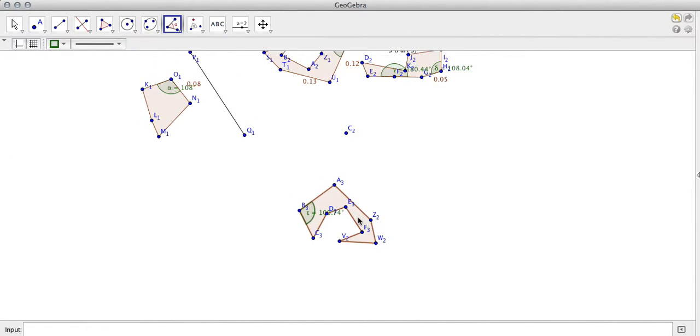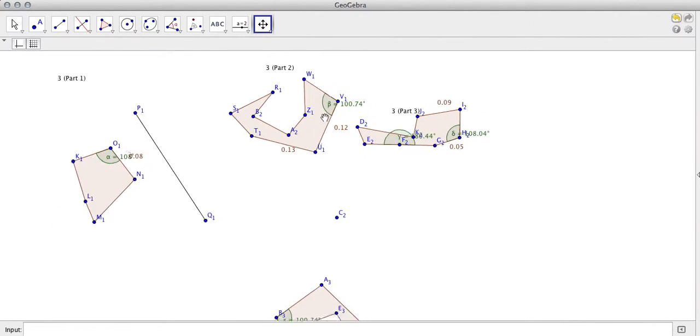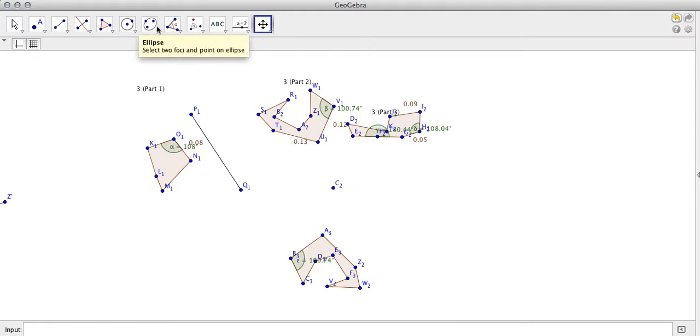They are exactly the same. They are the same angle, as you can see. And we can also measure these lengths to check, just to be sure.